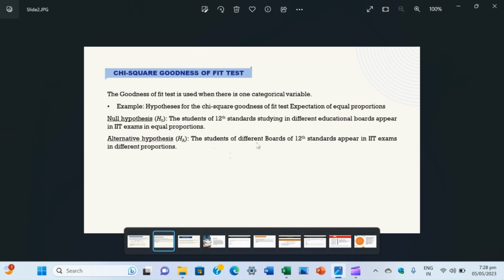In this example, 12th standard students studying in boards like UP board, CBSE board and ICSE board appear in IIT exams, and we want to examine whether they appear in equal proportion or in different proportion.